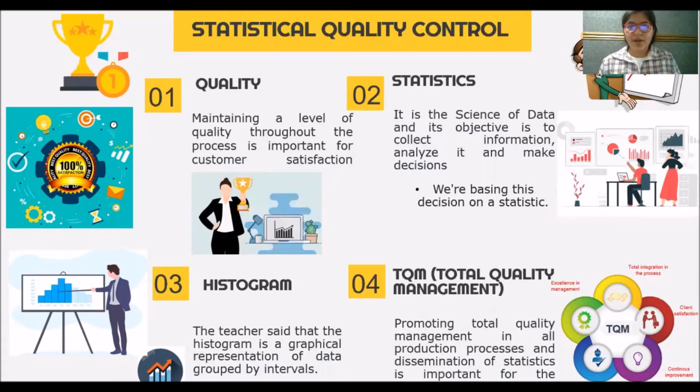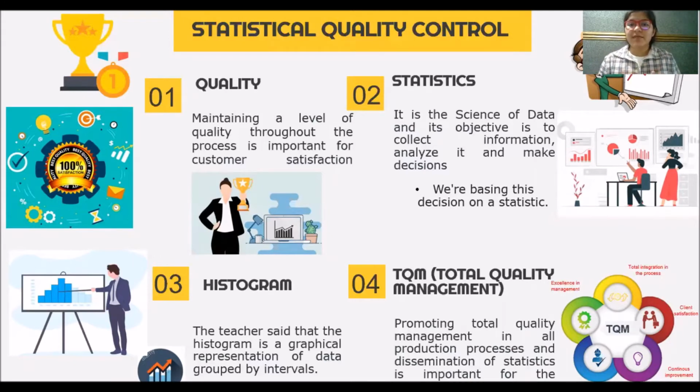The fourth word is total quality management, which is a business management strategy that consists of studying and evaluating the concept of quality in each of the steps of a production process. Total quality management puts the customer first.